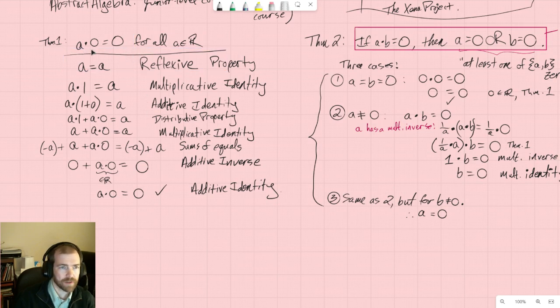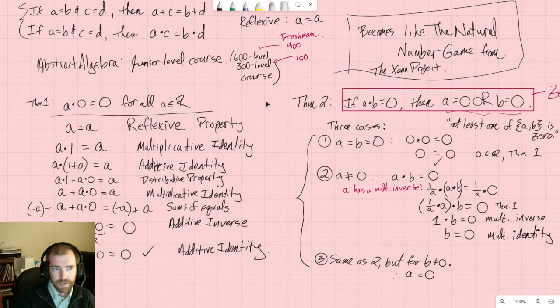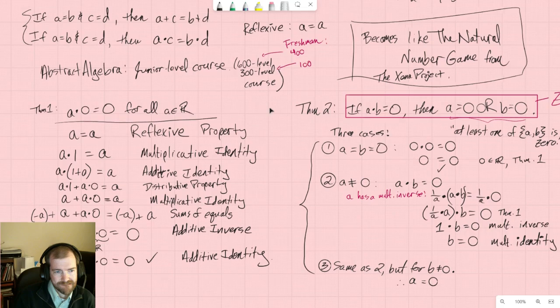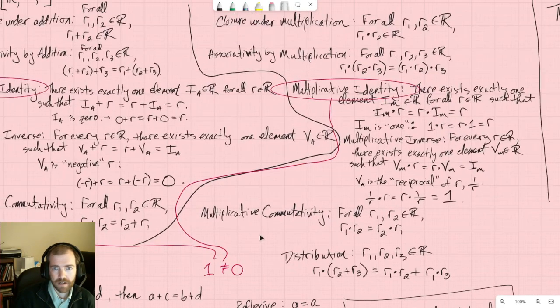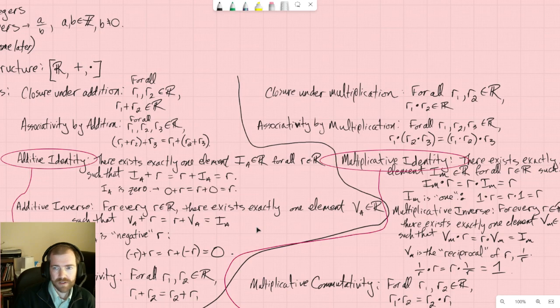By Theorem 1, any number times 0 is going to be equal to 0. And we had a really important thing back here, at least I thought it was.